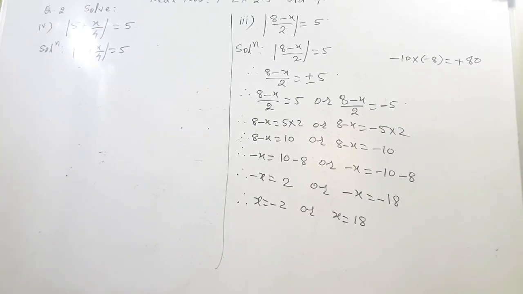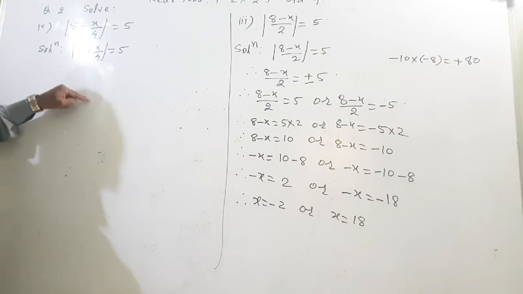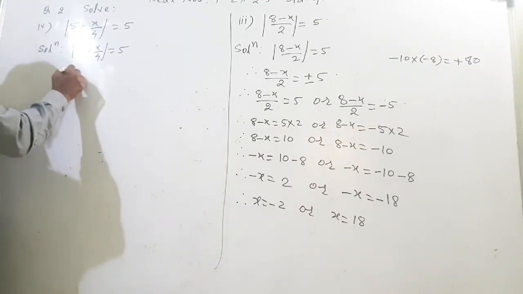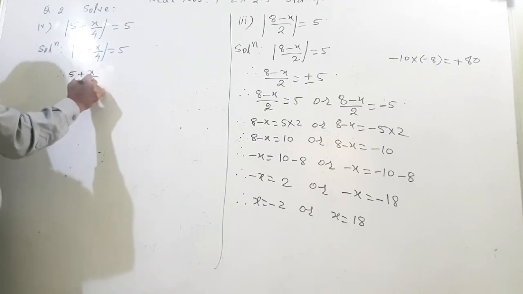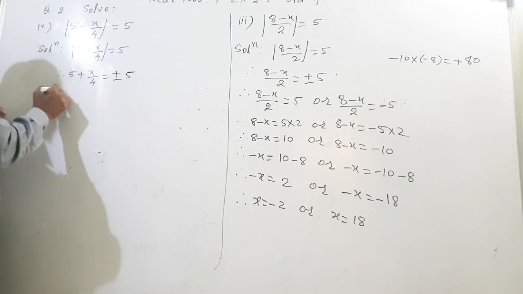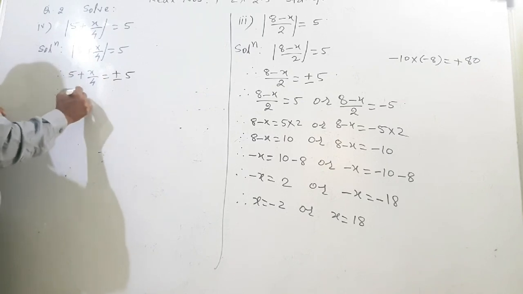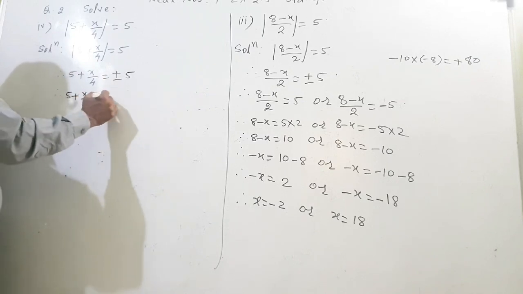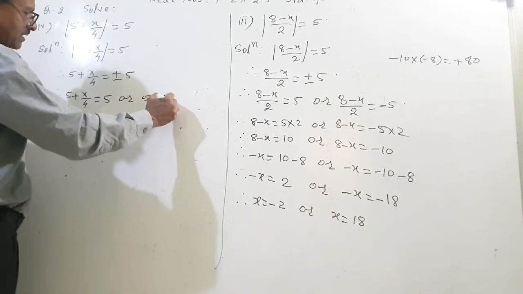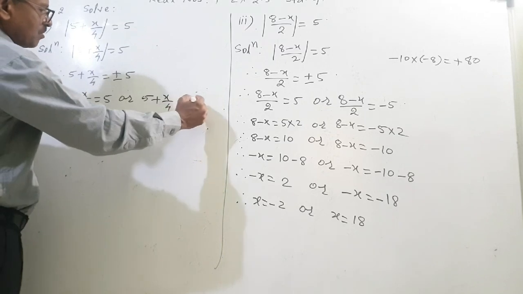Now how to solve? What is the first step? Remove this modulus and make it plus minus. Therefore, 5 plus x upon 4 is equal to plus or minus 5. Now separate it. Therefore, 5 plus x upon 4 is equal to 5, or 5 plus x upon 4 is equal to minus 5.